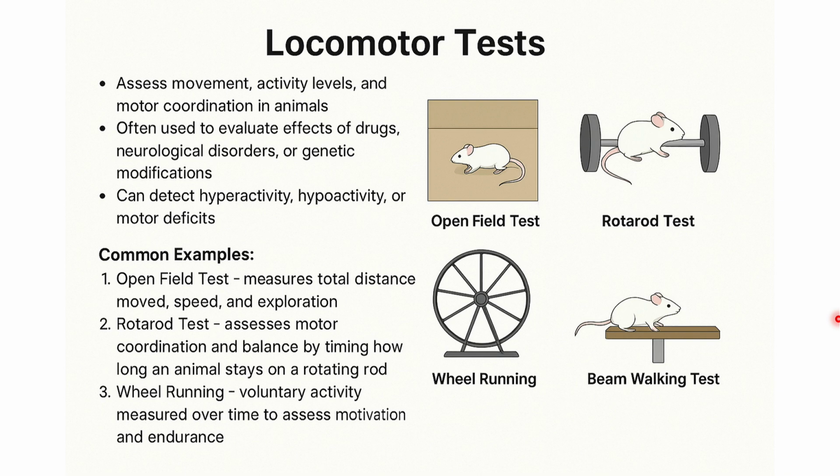The other test is the rotarod test, which is used for assessing motor coordination and balance by timing how long an animal stays on a rotating rod. We keep on increasing the speed of the rod. We first sensitize the animal to walking on the rotating rod by making it walk at a slower speed, and then we gradually increase the speed to make the animal learn to balance on the rotating rod.